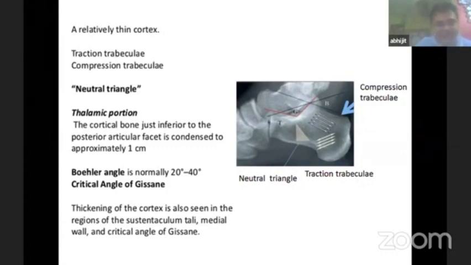There is a thalamic portion also, and when we discuss our case, we will also discuss how we put the thalamic screw to fix this portion. Bohler's angle is normally 20 to 40 degrees. It was already mentioned in the radiological part. This is one angle, and another is the critical angle of Gissane.